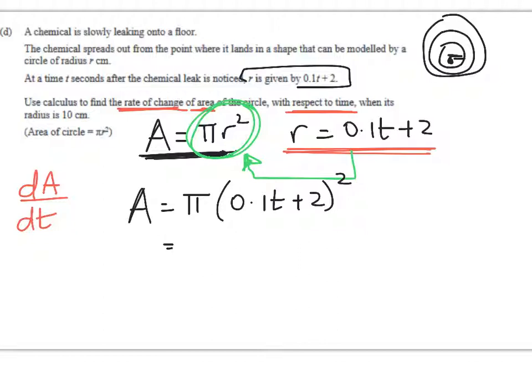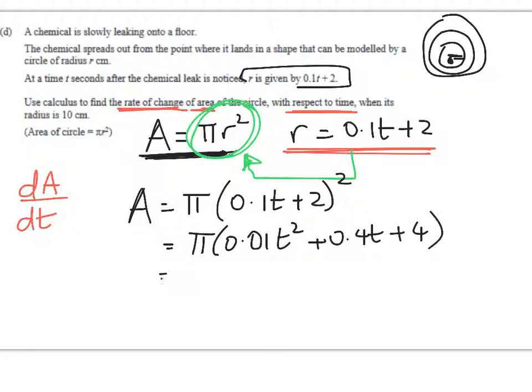Right, I'm going to expand that out. So 0.01 t squared plus 0.4 t plus 4, and now we'll just expand out the pi part. So we get 0.01 pi t squared plus 0.4 pi t plus 4 pi.